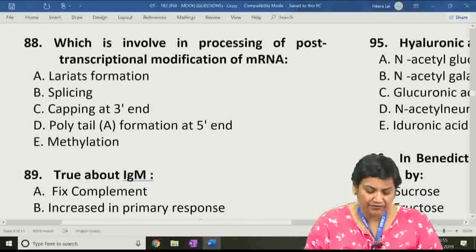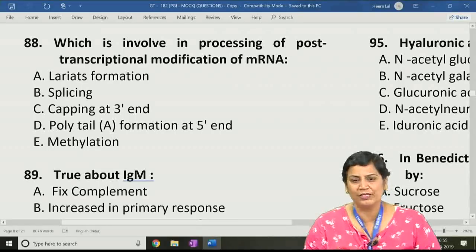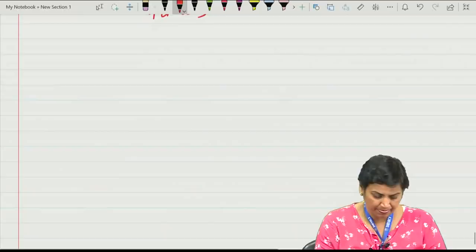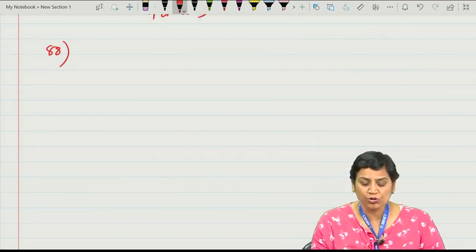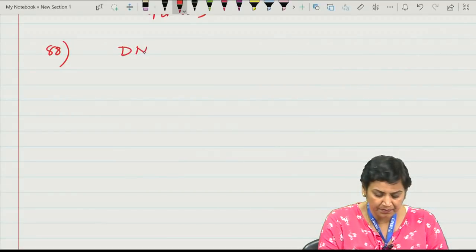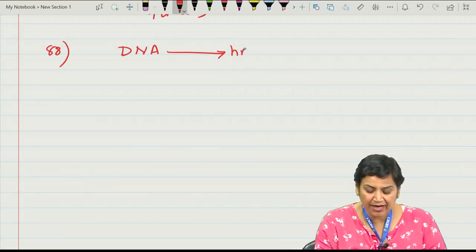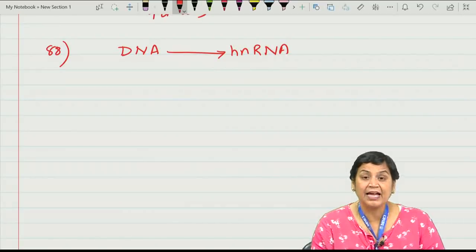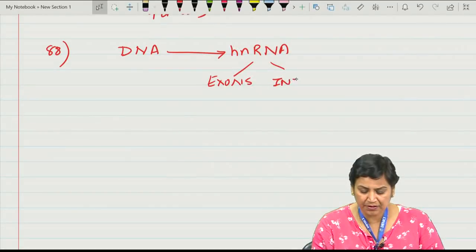Then question number 88, which is involved in the post-transcriptional modification of messenger RNA? Now see, the RNA so produced from DNA is known as hnRNA, heterogeneous nuclear RNA. It has two types of sequences, exons and introns.